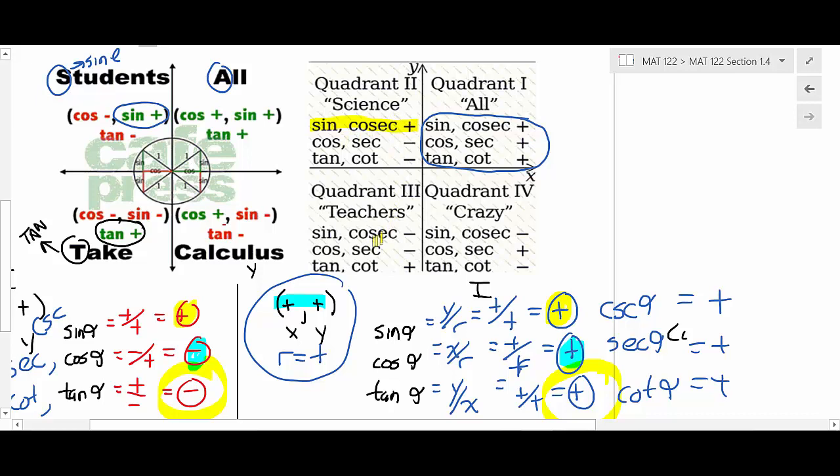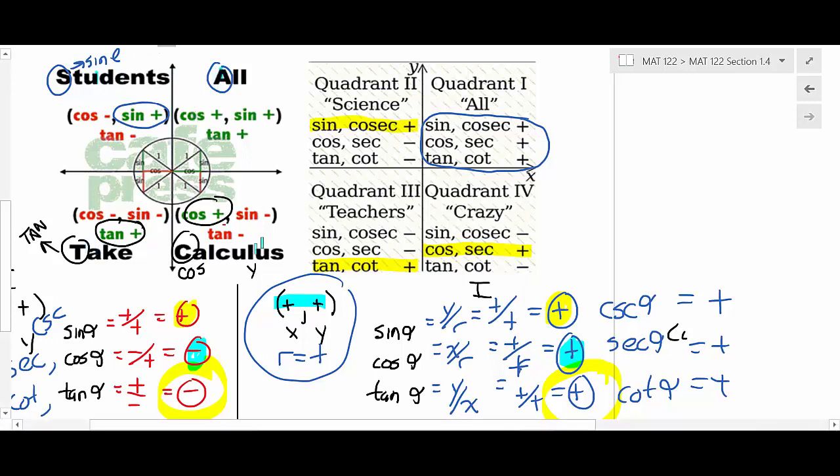So if you're in quadrant 3, the tangent and cotangent are positive, and then the other 4 are negative. And then finally you get the C for calculus. C stands for cosine. The cosine is positive. So if you're in quadrant 4, it's the cosine and secant that are positive, and then the other 4 are negative. So you can learn these jingles.